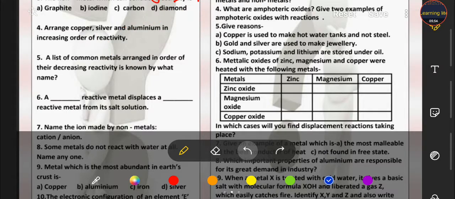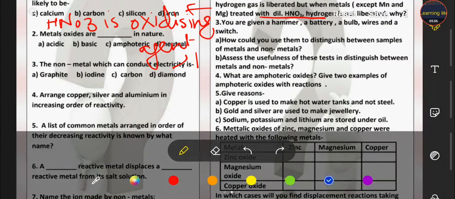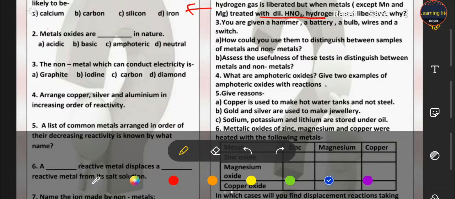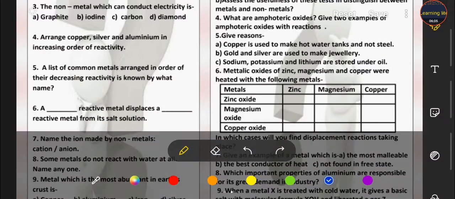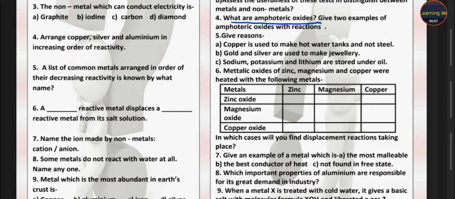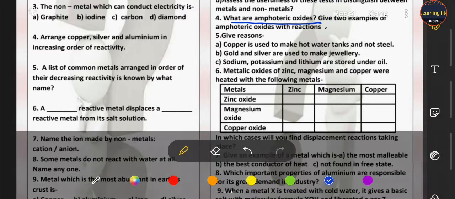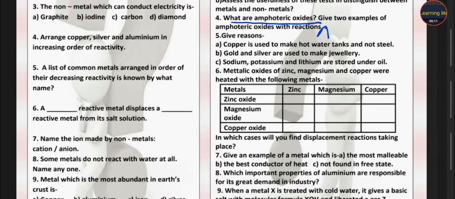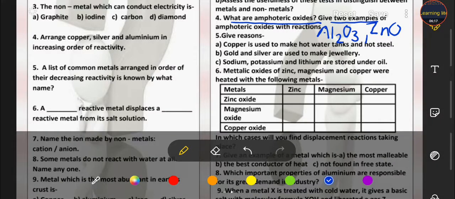We write the examples here. That is aluminium oxide and zinc oxide. These are the two examples of amphoteric oxide.